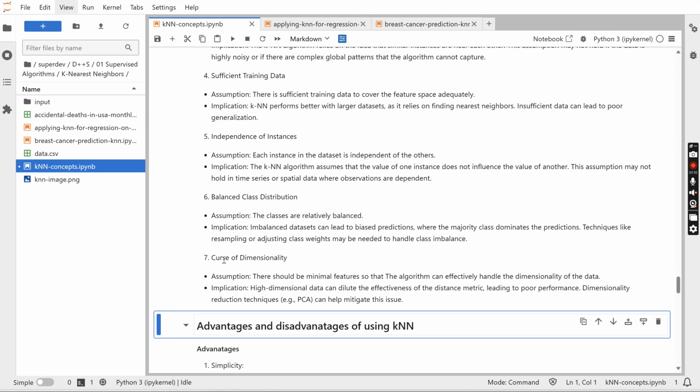Again is the curse of dimensionality. Curse of dimensionality is nothing but if you have too many features in your data set, that will lead to poor performance of the model. And this curse of dimensionality also holds true for linear regression and logistic regression.